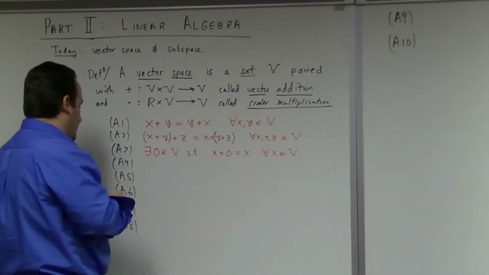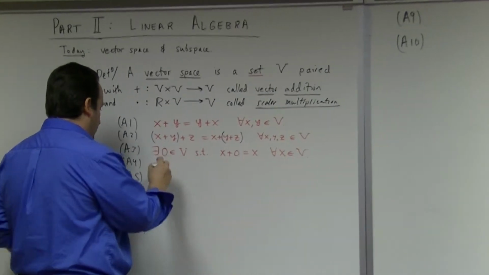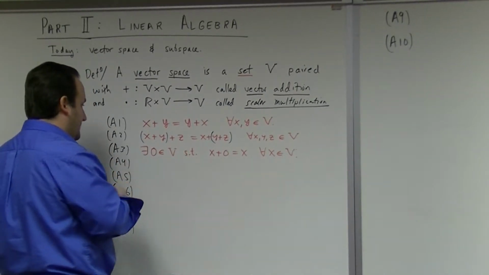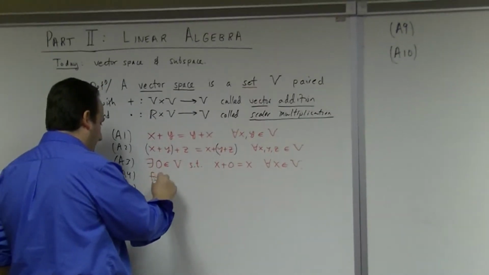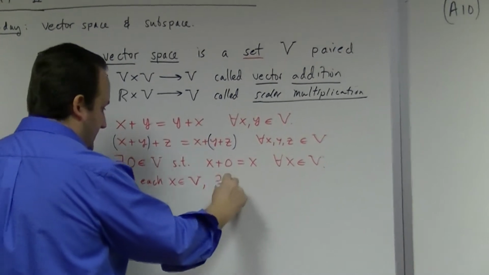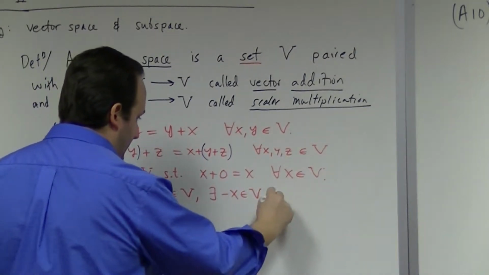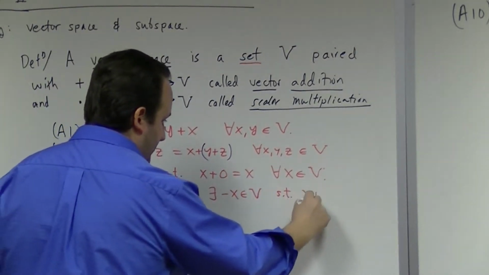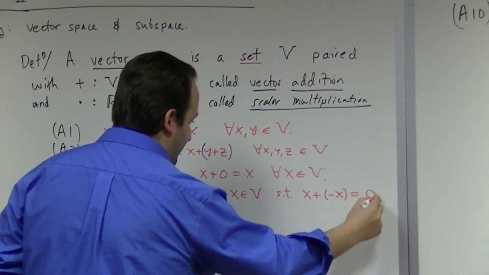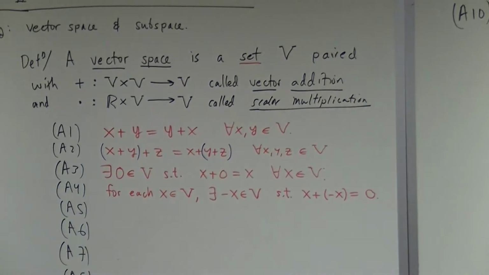And this is tied to axiom 3, but for each x in V, there exists minus x in V, such that x plus minus x is equal to that additive identity from axiom 3. So axiom 4 says that there's an additive inverse for each vector in this set.